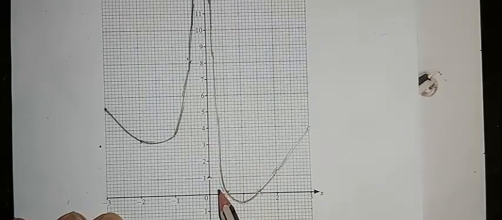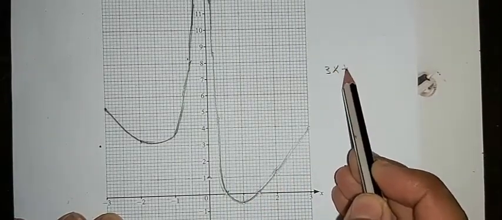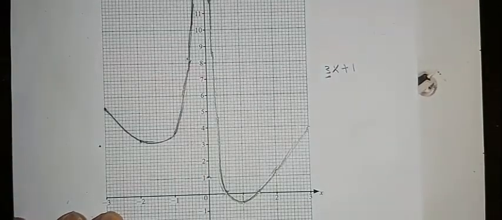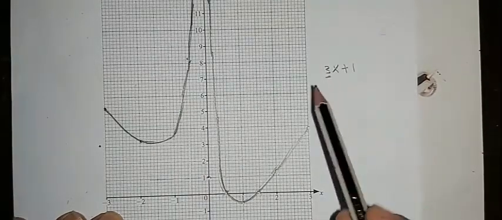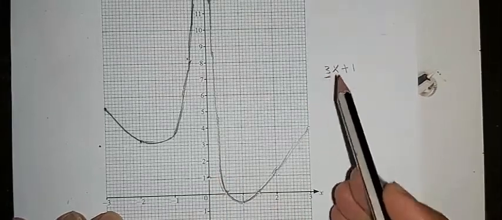And the gradient is 3 because the equation is 3x plus 1. The gradient 3, we can find the next point by using this gradient here.